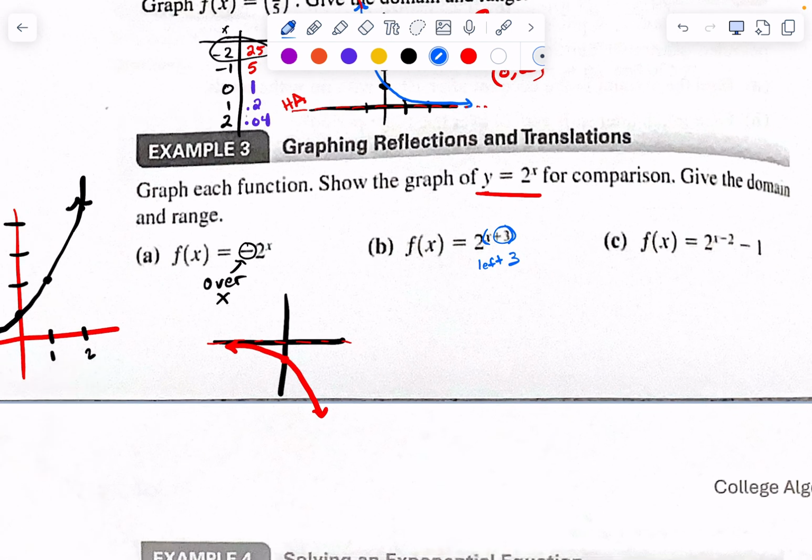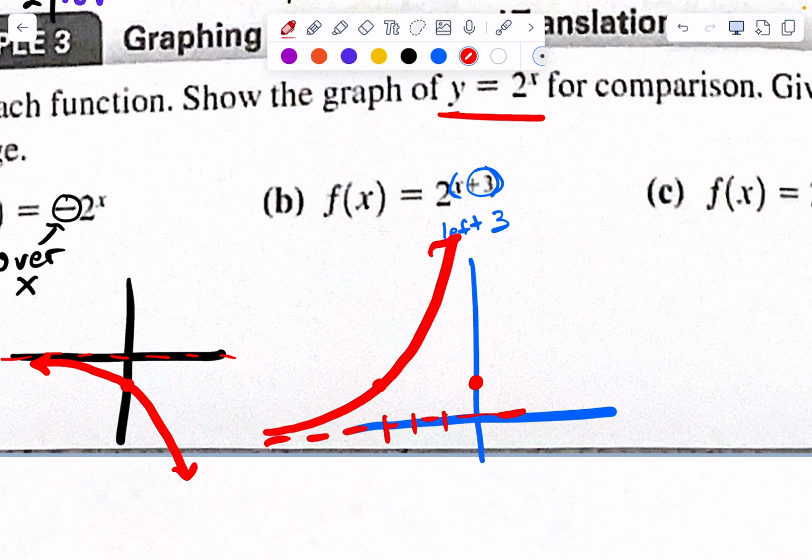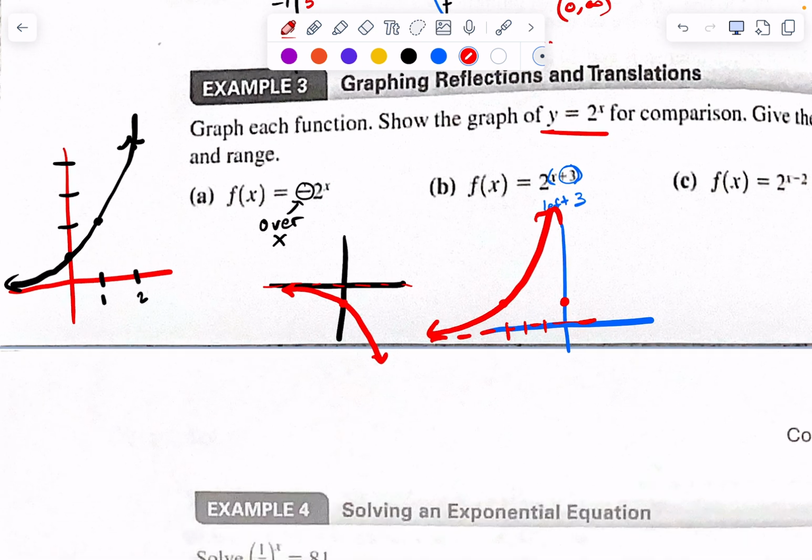The 3 is going to the left 3, right? So normally he touches here at 1. I'm going to get rid of that line. I'm going to move him here. Normally he's here at 1, right? But I'm going to the left 3: 1, 2, 3. So now my dot is here. I still have a horizontal asymptote here, and he's going to go like this. I've just moved him to the left 3. That makes sense? That was really quick.